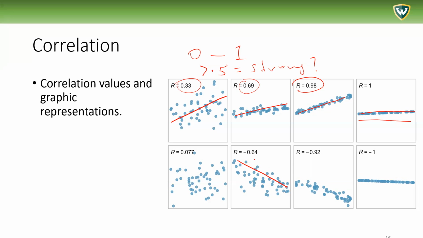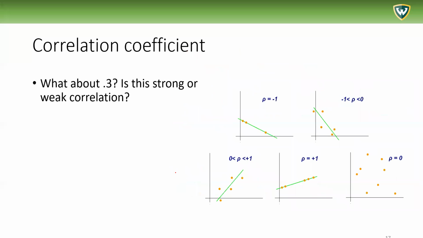So in terms of strength, this is strong correlation, but negative. And here also very strong correlation, but negative. Here, it says positive, so it looks like it's this way, but it's a very weak 0.077.